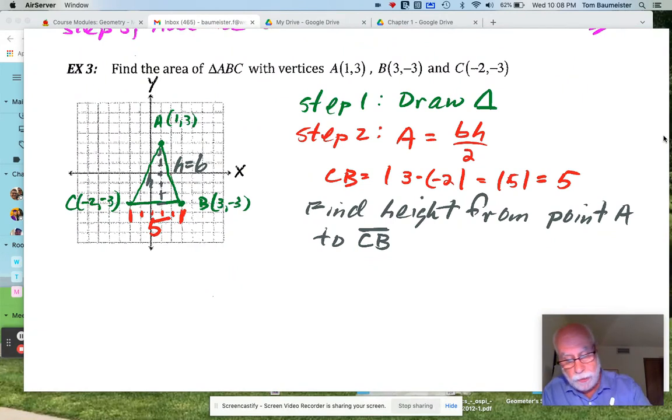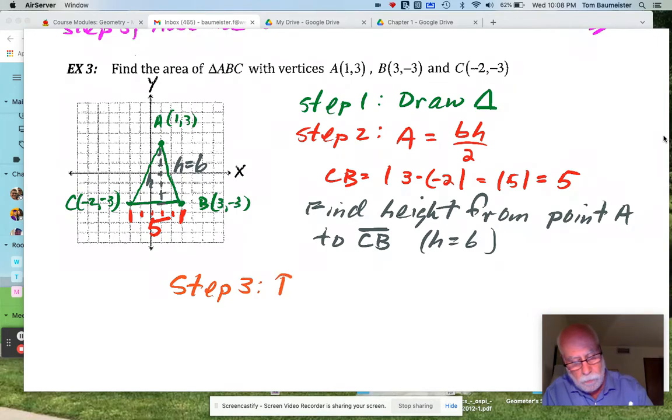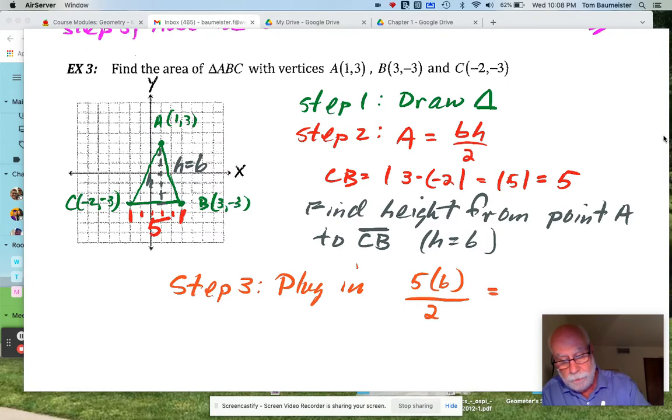And I just told you that that is equal to 6. And now step 3, plug in. So I'll have 5 times 6, all of that divided by 2, which is 30.